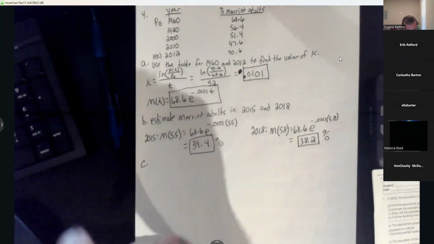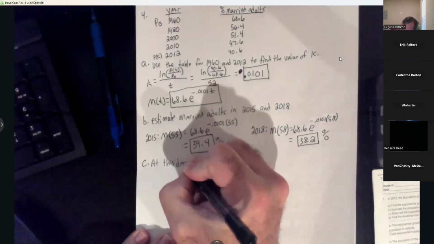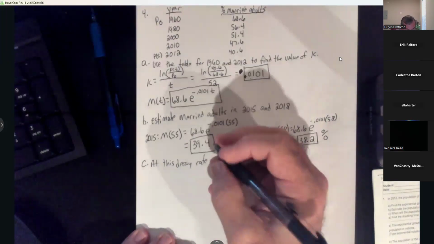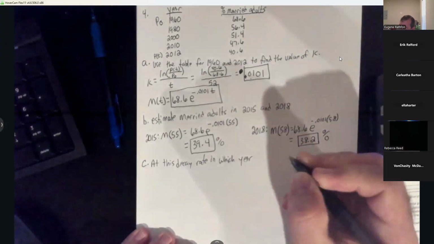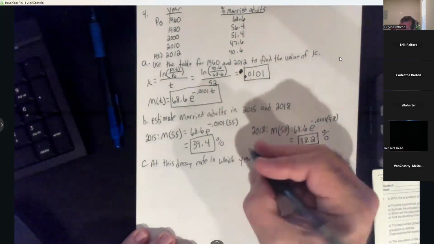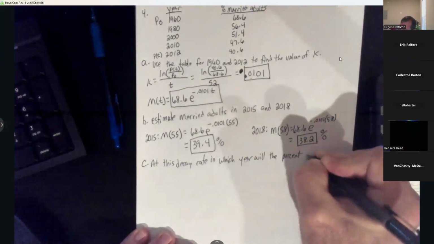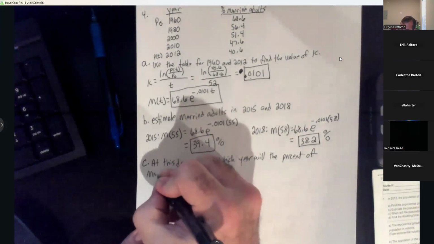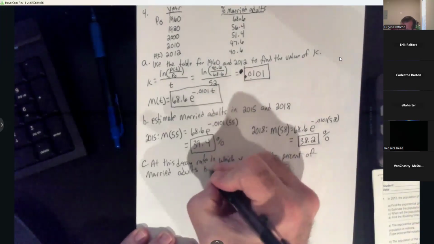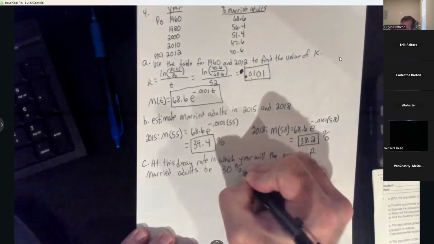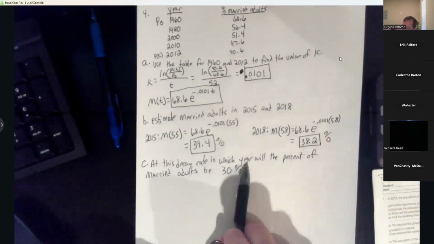For part C, they want to know at this decay rate, in which year would the percent of married adults be 30%? So we're looking for the year.